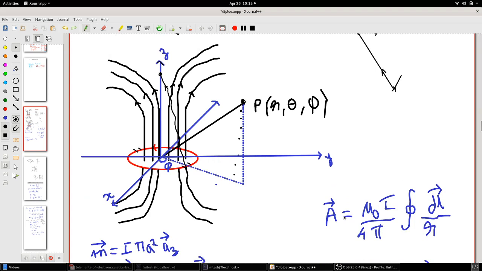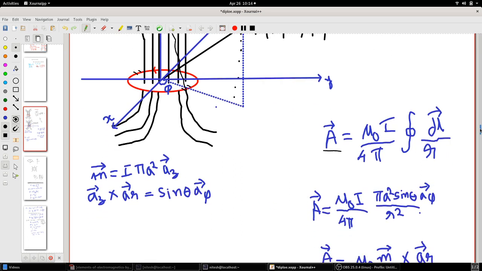To make things easier, we find the magnetic potential at the point. We don't find the magnetic field; we look at the magnetic vector potential. So the magnetic vector potential is mu 0 I by 4 pi, dl vector by r.